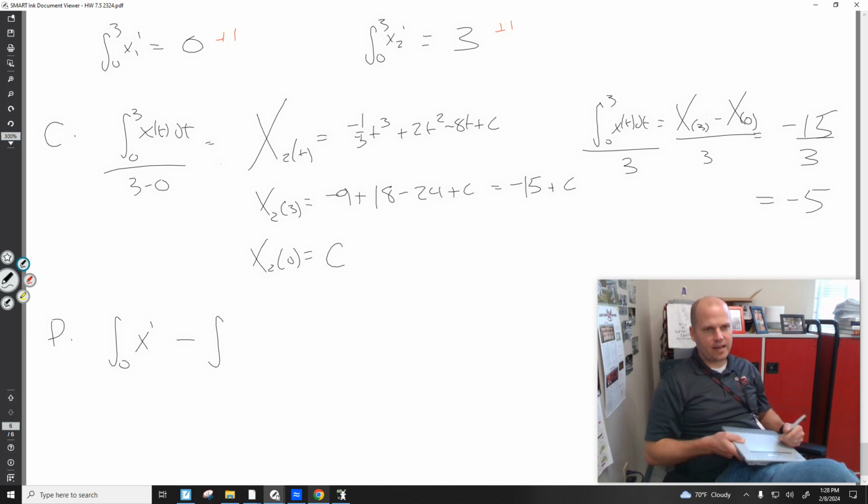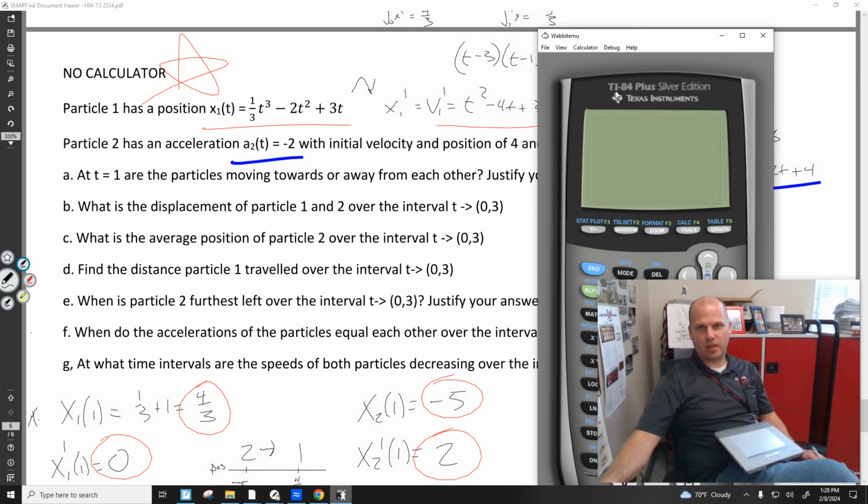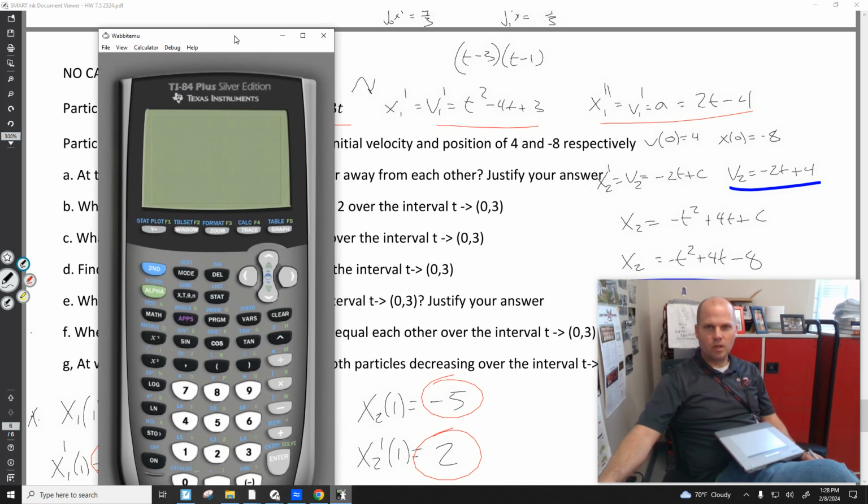Then I subtract my accumulation from 1 to 3, and I get a total of 8/3. Now watch this, I'm going to double check that. If I accumulated not my velocity, but rather my speed, my positive displacements, that's t squared minus 4t plus 3.